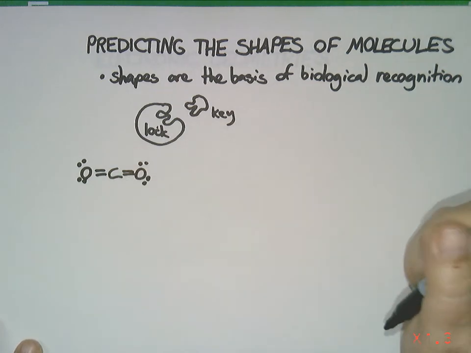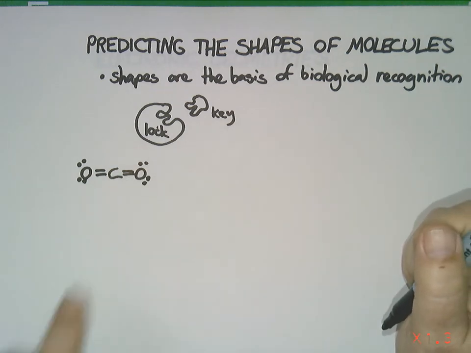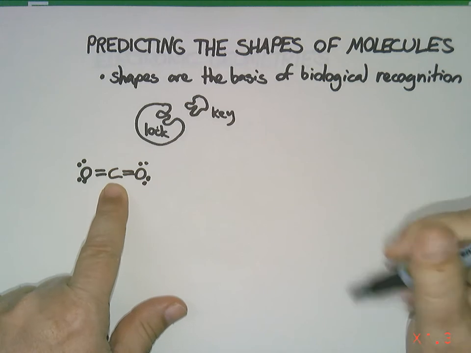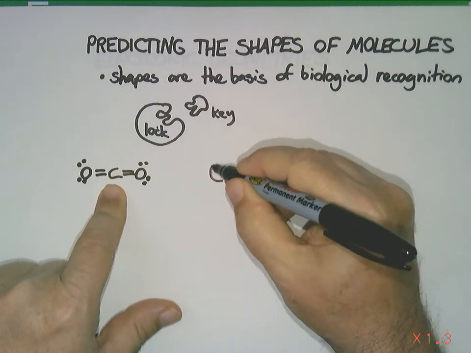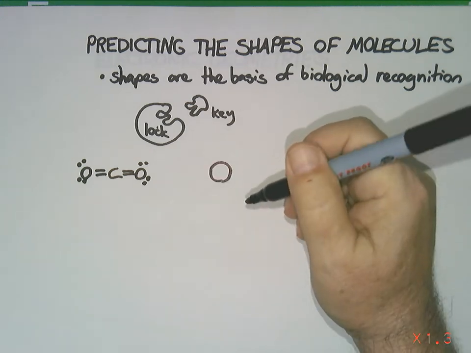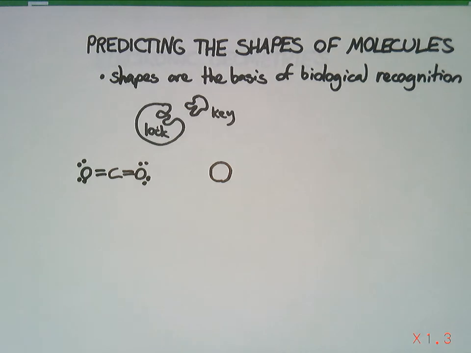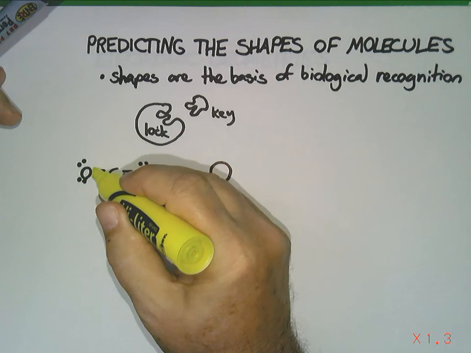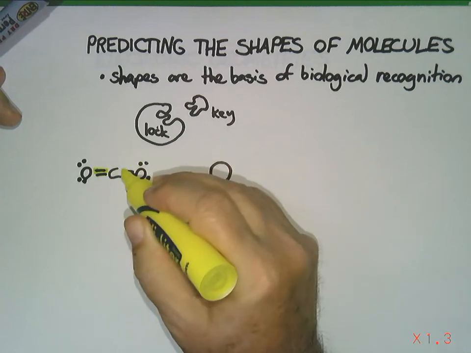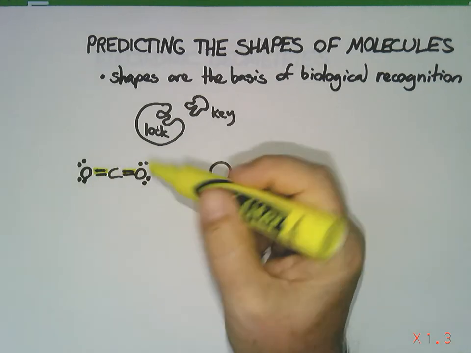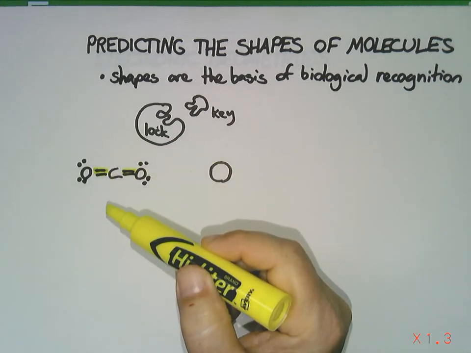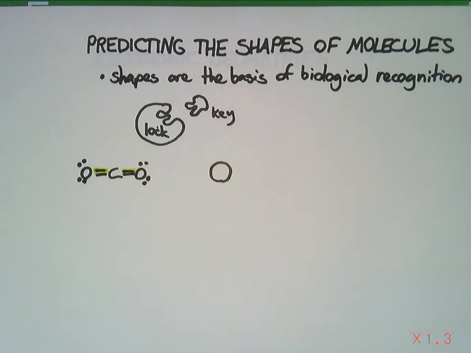If I have a CO2 molecule, and I want to predict its shape, I'm going to focus on the central atom. Let's draw the central atom as though it's a sphere. Now, I can look at the double bonds that are coming out of the central atom here as electron clouds. Now, you might say, well, there's two electron clouds in there because there are two bonds, but there aren't really.